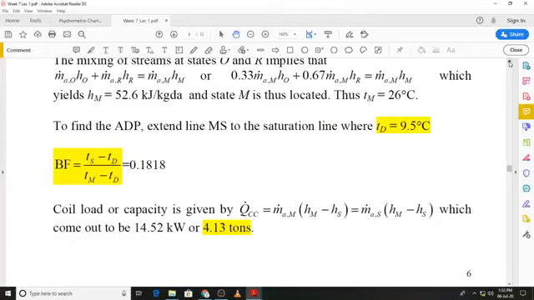So the coil load is higher than the load on the space, and the reason is that this coil is also used to bring the outside air, which is mixed with the recirculated air, to the desired supply condition, and the outside air is much warmer and more humid compared to the recirculated air. That is, there is an additional load on the coil because of the outside air which is being cooled to the supply state. That is why the load on the coil will be greater than the space load.